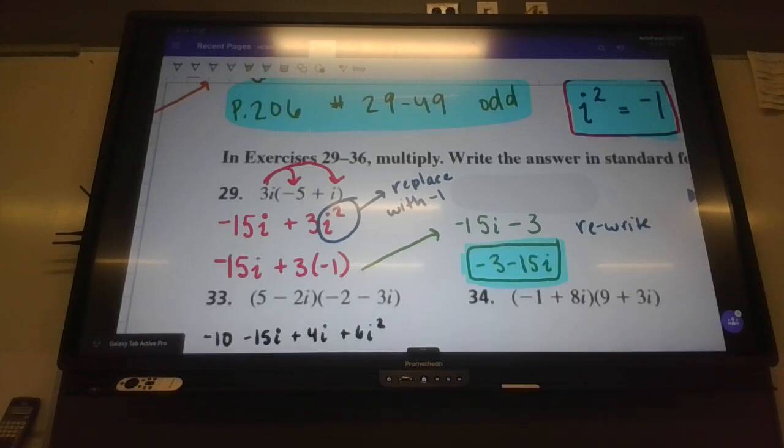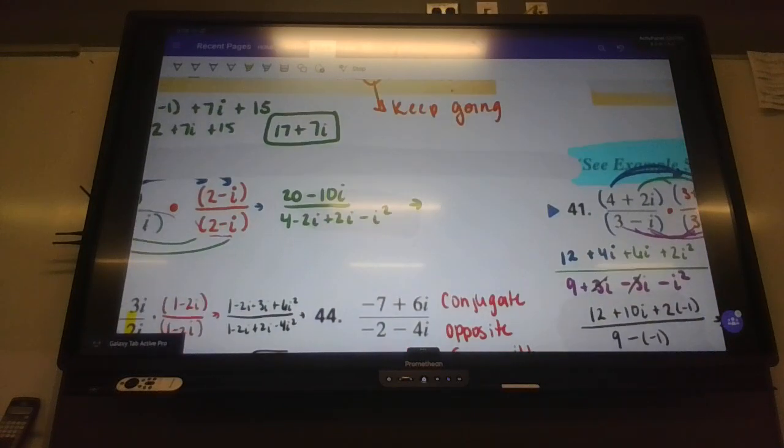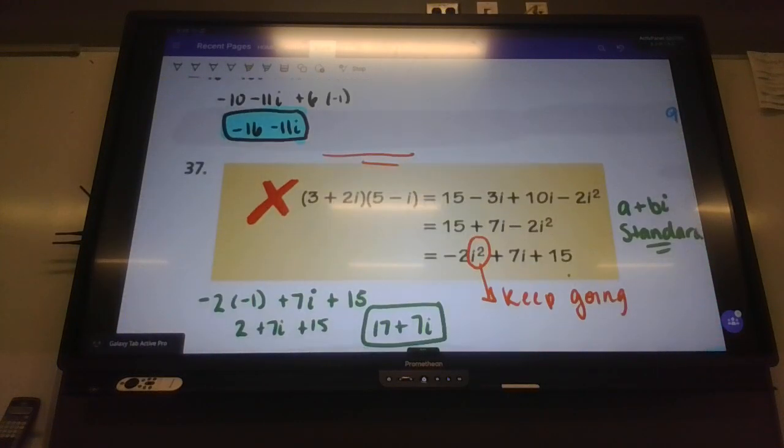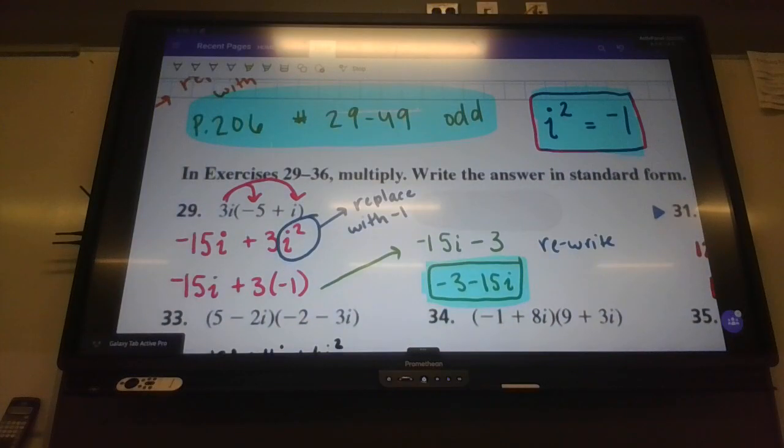So 3 times -1. Next. Isn't it positive? So I have a positive 3 times -1.